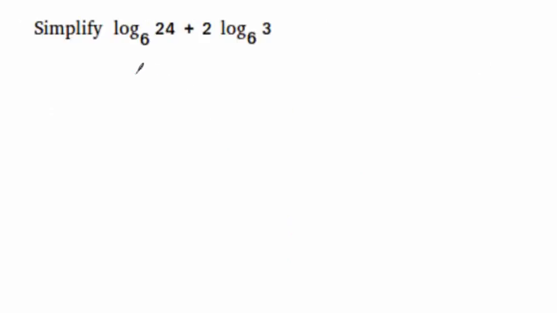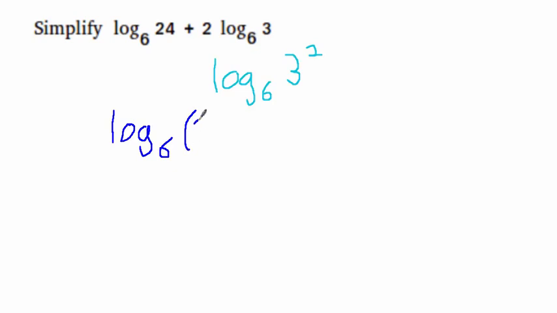So let's take a look at another one. First, I notice that I have a number in front, so I need to make that a power. So I'm going to put that inside as 3 squared. I know 3 squared is 9. Then because this is addition, I know that it's going to end up being multiplied if they are both inside 1. So this is 24 times 9.